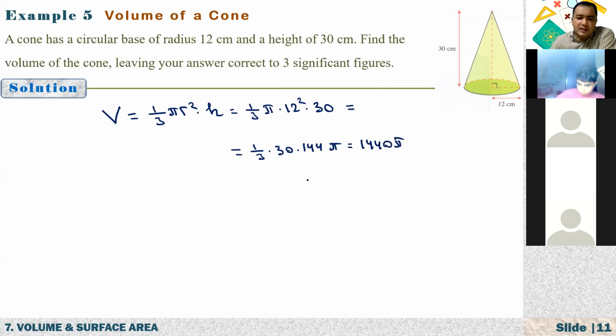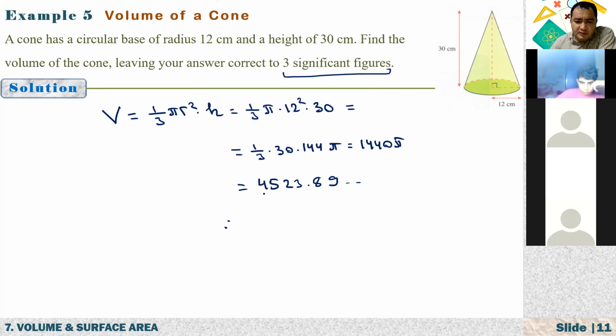1440 pi. And it says to leave your answer correct to 3 significant figures. That is 1440 times pi, which is equal to, what is it? 4523.89 and so on, right? When it says 3 significant figures, that means starting from the first non-zero digit, we should just keep 3 digits.